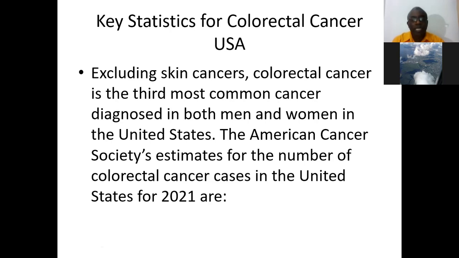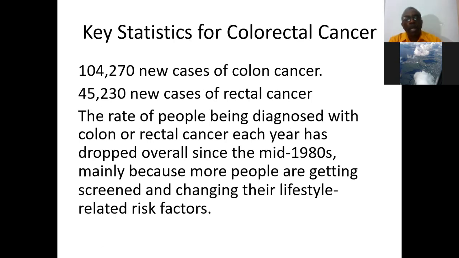The American Cancer Society estimates that the number of colorectal cancer cases in the United States for 2021 will go up to 104,270 new cases each year. And they separate them from rectal.